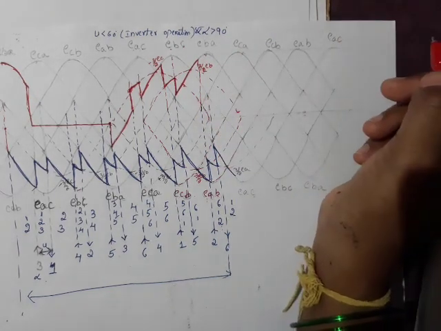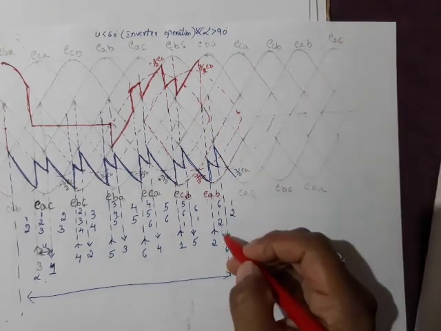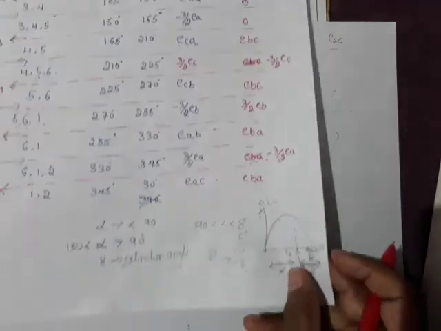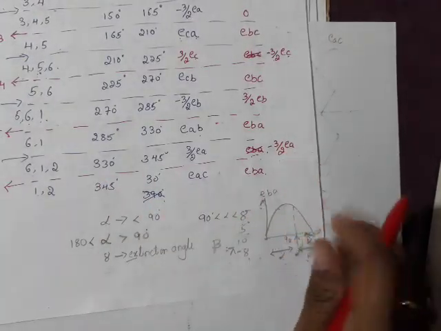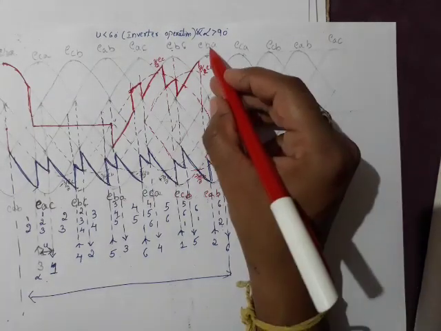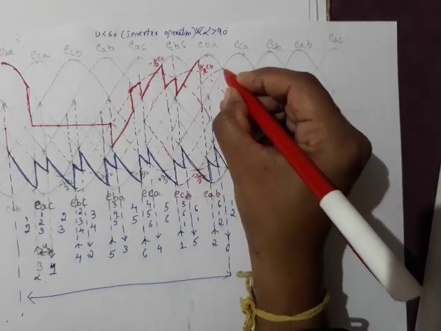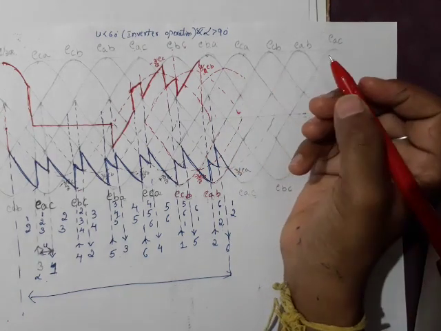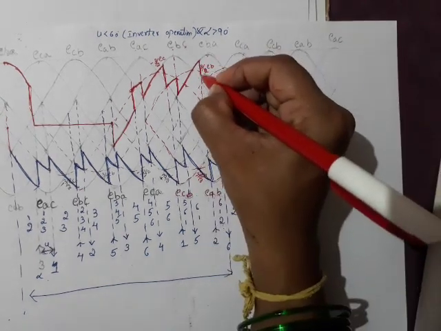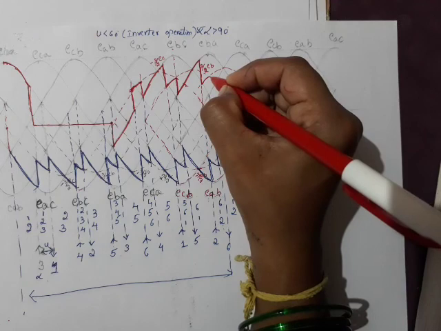When 6, 1, 2 is conducting, the voltage is minus 3 by 2 times of EA. See, EBA, ECA. Between these I will get minus 3 by 2 times of EA. So it will fall and follow this one.